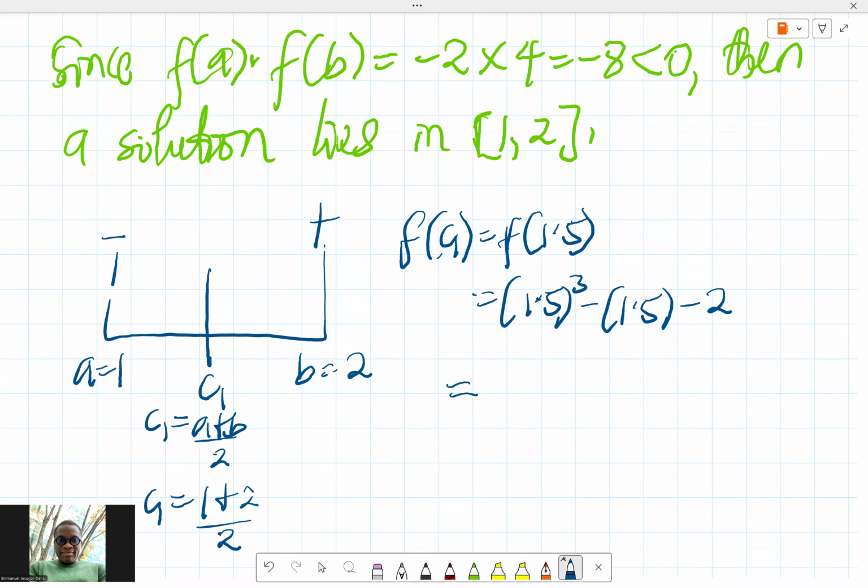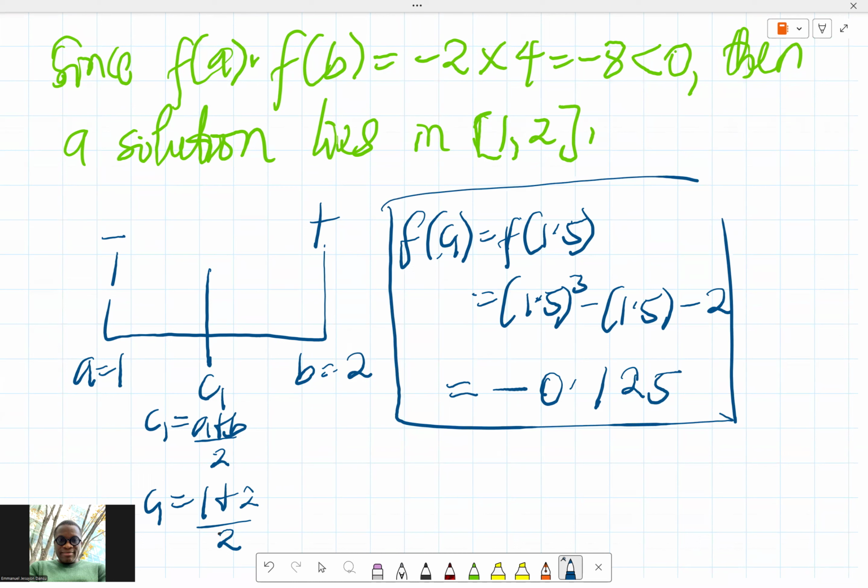1.5 cubed minus 1.5 minus 2. Now this gives minus 0.125. So this is negative, right? So that means C1 is given negative.